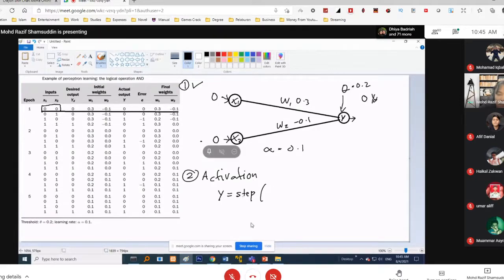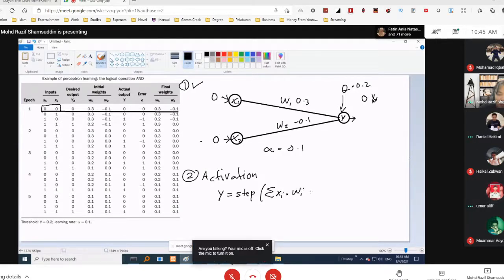Kena ingat apa dalam dia? Tak ingat? Summation of input times weight minus threshold. Itulah. Siap lah ni. Okay.